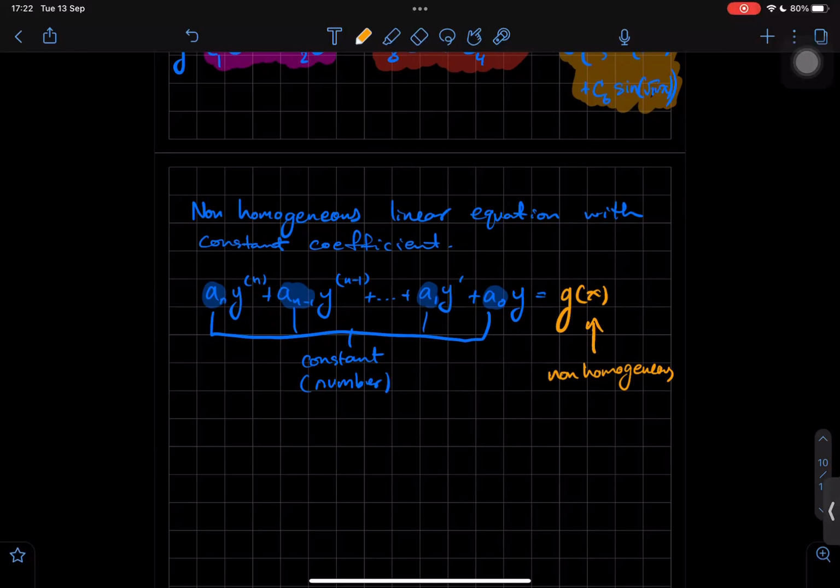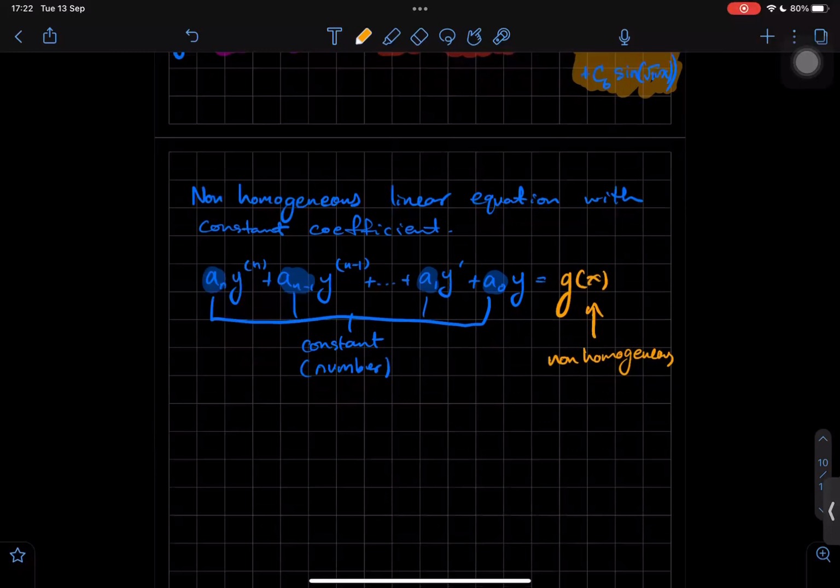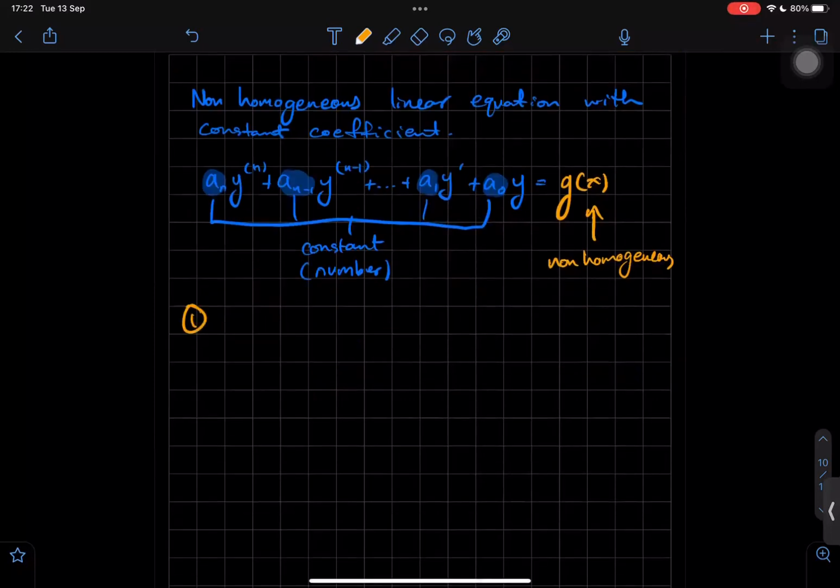When it is a non-homogeneous equation, there are several techniques. One is by using the method of undetermined coefficients, the UC set.